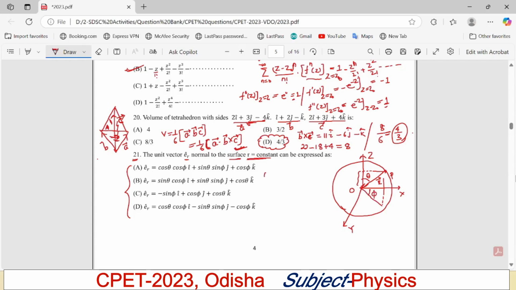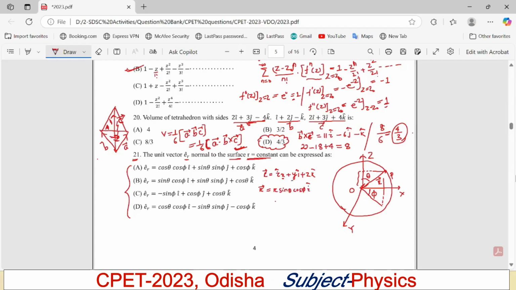In general, for Cartesian coordinate system, position vector is represented as x i cap plus y j cap plus z k cap, right? In case of spherical polar coordinate system, x is nothing but r sin theta cos phi i cap.